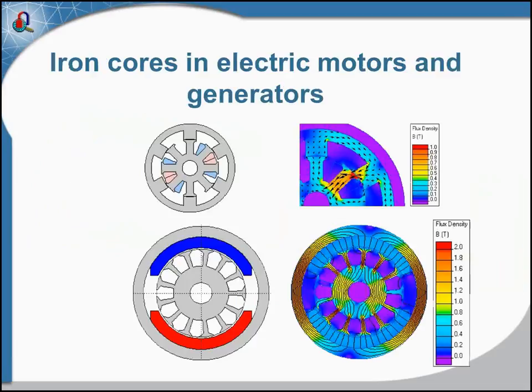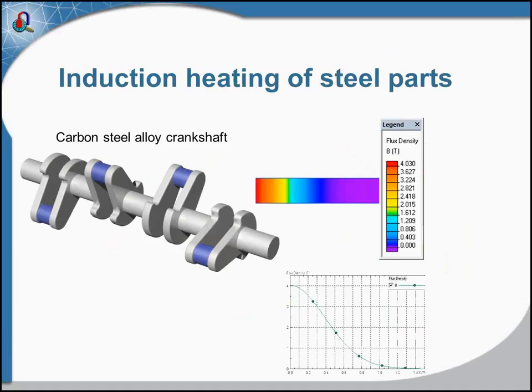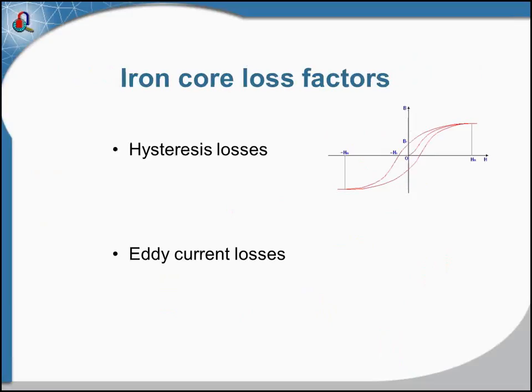In conventional electric motors, similar task is performed by the steel stator and rotor, which minimize the magnetic flux travel path in the air. And in induction heating, magnetic materials increase the heating effect. But these materials, which exhibit high magnetic conductivity, in the alternating or transient electromagnetic fields, manifest also energy losses.